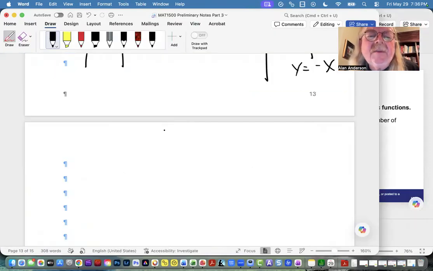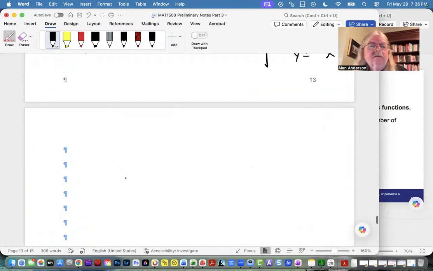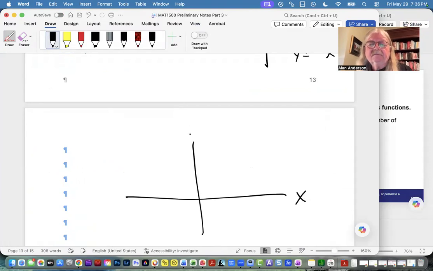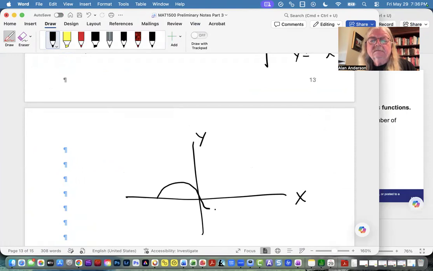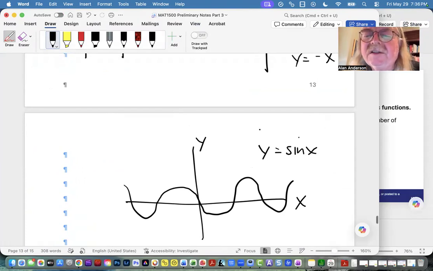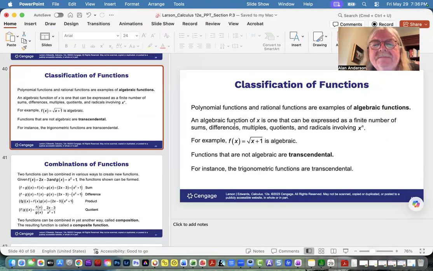So, like, if you remember the sine of x, it's like a big roller coaster. Oh my God. Well, all right, that's not great, but that would be defined as transcendental. It's clearly not a polynomial of any kind.